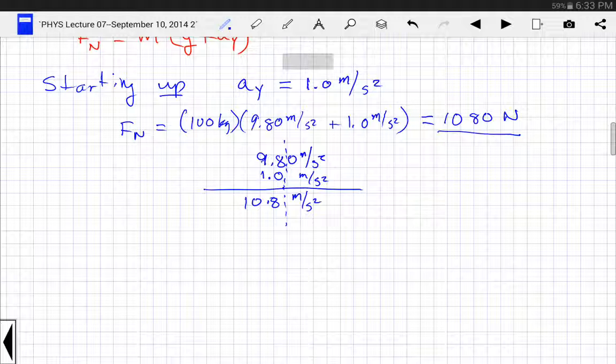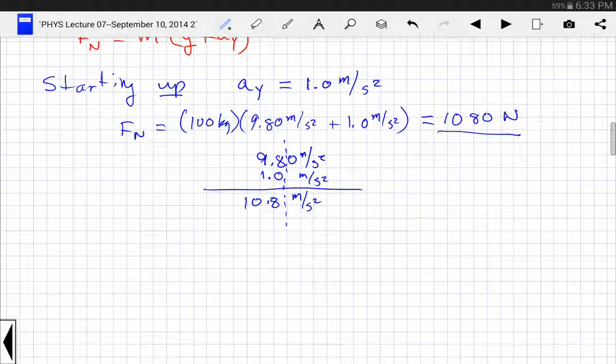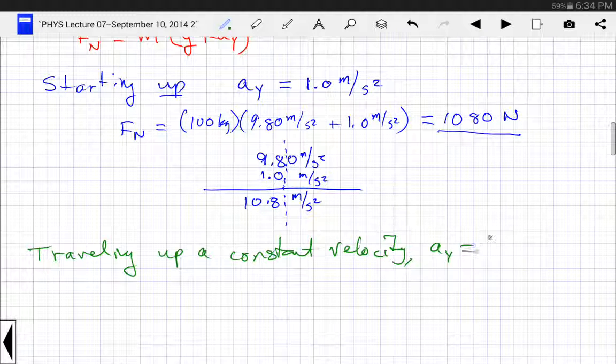What about in the middle? Let's say you're going from the first floor to the 7th floor, and you're passing the 4th floor. What's the acceleration? According to the parameters given, you're going at a constant velocity after you get up to speed. So when traveling up at a constant velocity, the acceleration in the y direction is equal to change in velocity in the y direction divided by change in time, constant velocity, that's equal to 0.